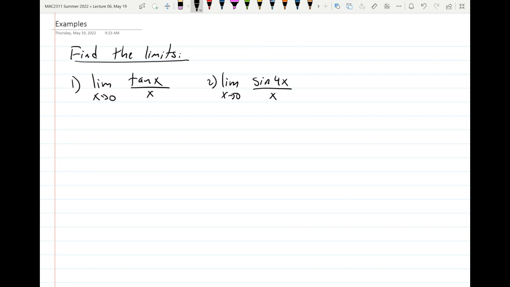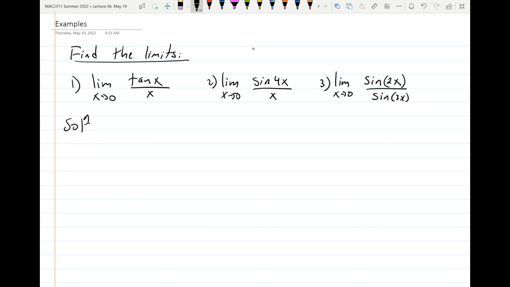These were the kind of limits that you were investigating in the homework. And then let's do the limit as x approaches 0 of sine of 2x over sine of 3x. All right. So let me do these three examples, and then we will call it a day.